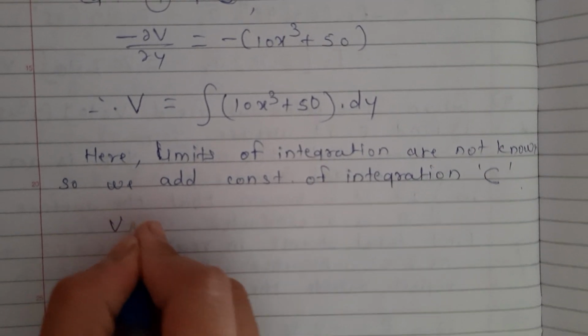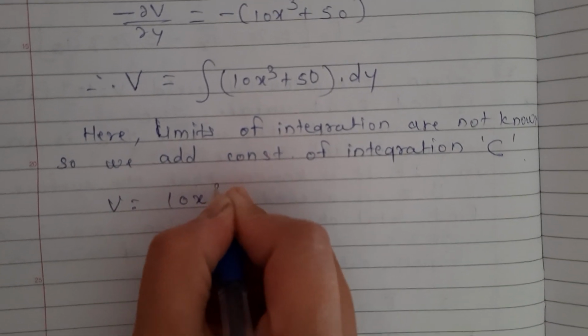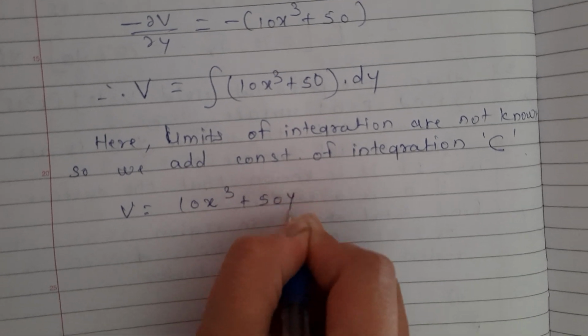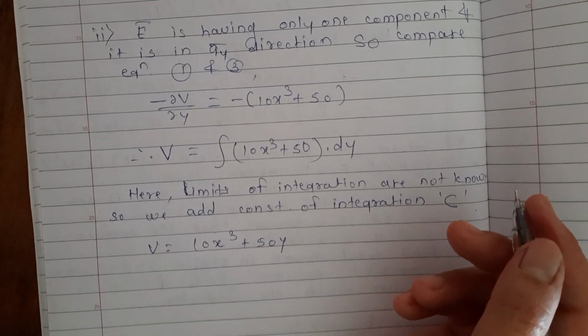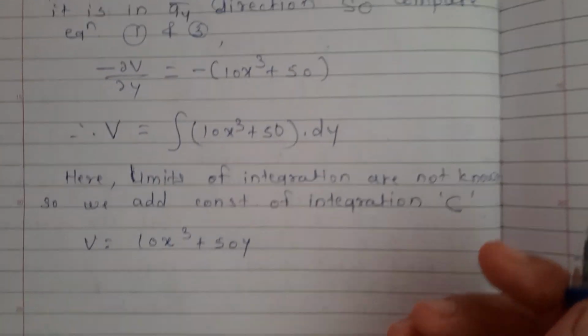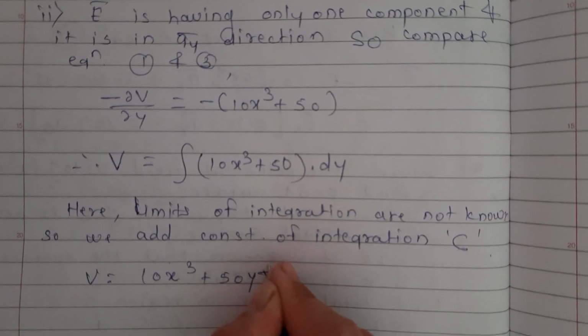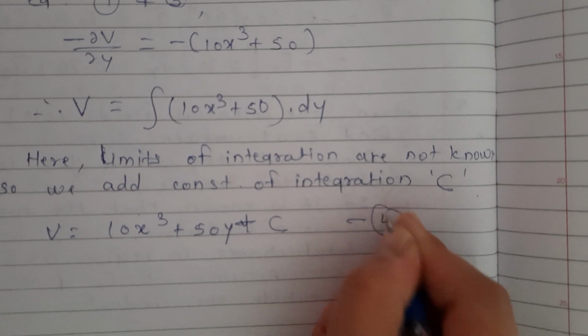So the equation is V is equal to 10x cube plus 50y plus c. This is equation 4.